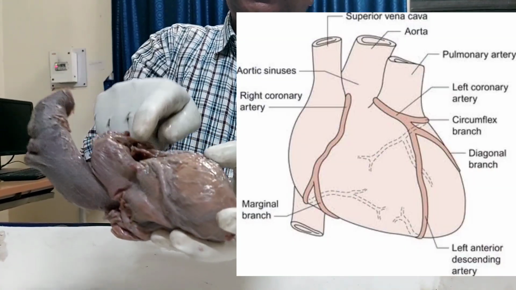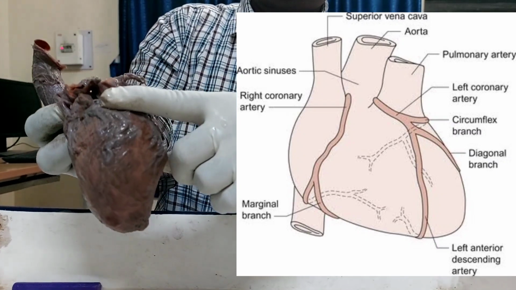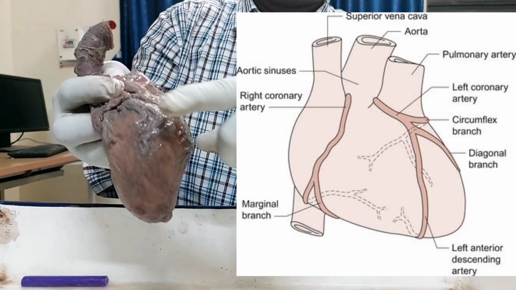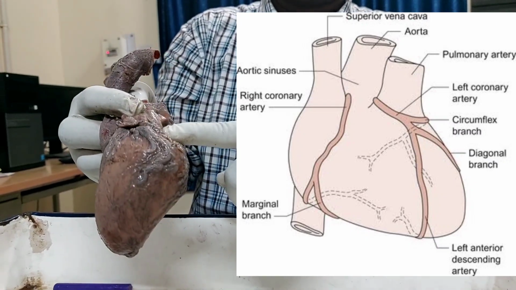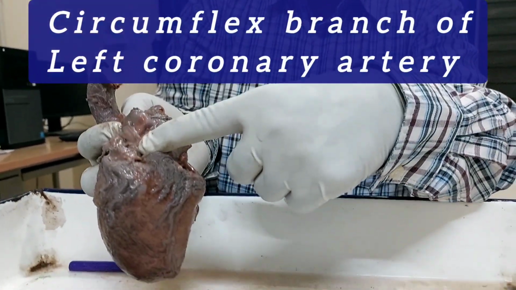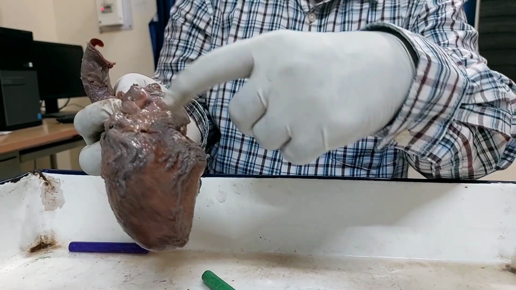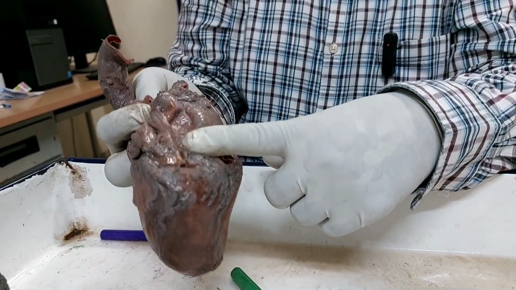And this artery, which is going along this groove and passing posteriorly along the posterior atrioventricular groove, that is the circumflex artery or circumflex branch of left coronary artery. So circumflex branch of left coronary artery and the right coronary artery anastomose here in the posterior atrioventricular groove or coronary sulcus.